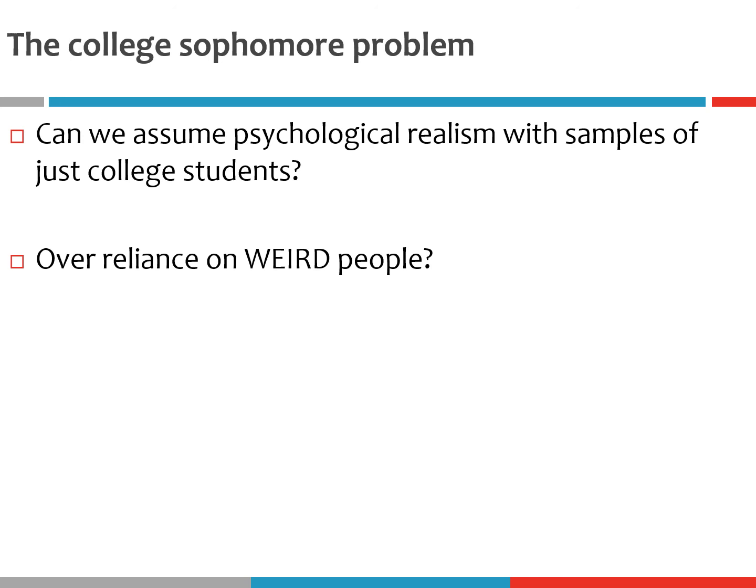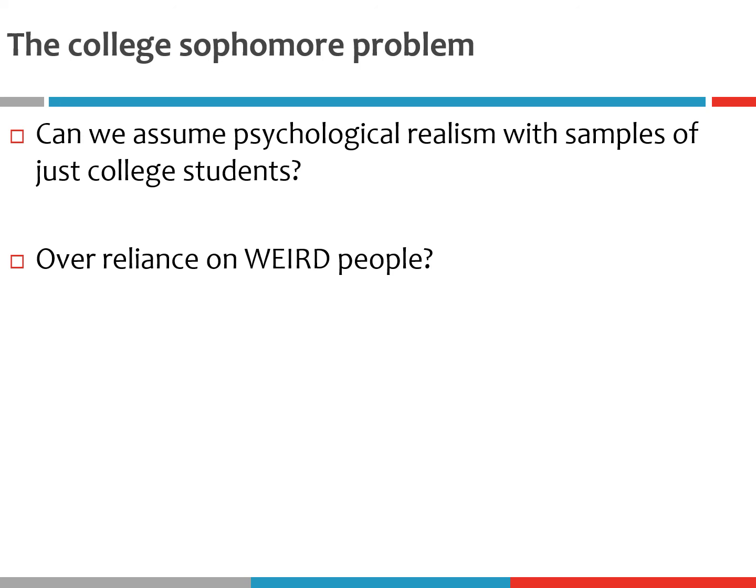So when we isolate our samples to just college students of primarily American and Eastern European descent, there are specific qualities of these samples that differ significantly from the broader population, right? So again, most of the people that participate in psychological experiments are from Western countries. They are educated. They are from industrialized, rich, and democratic nations, okay?